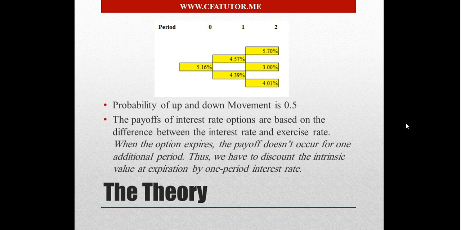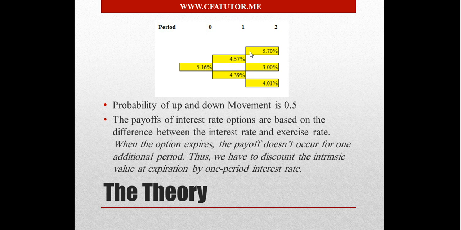In order to price an option written on interest rate, we need to first of all simulate a path for interest rate. So as you can see over here, this is one example of a tree that shows the possible 1 period interest rate. So it shows you basically that for the first year interest rate will be 5.16, and at the end of the year interest rate either would go up to 4.57 or would go down to 4.39.